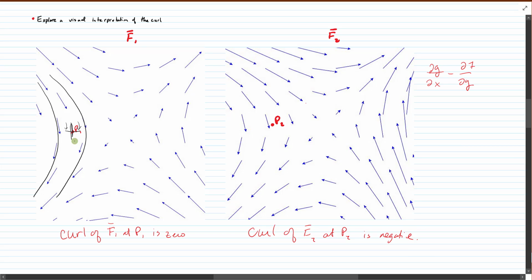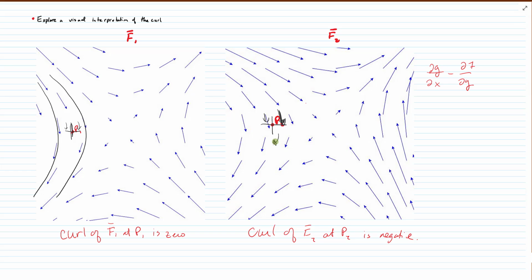And so there's going to be no rotation at the pinwheel there. Whereas right here, there's enough of a difference. These pinwheel lines right here are slightly longer than they are right here. That's going to cause a net clockwise rotation to this pinwheel. It's going to cause it to spin in a clockwise manner.